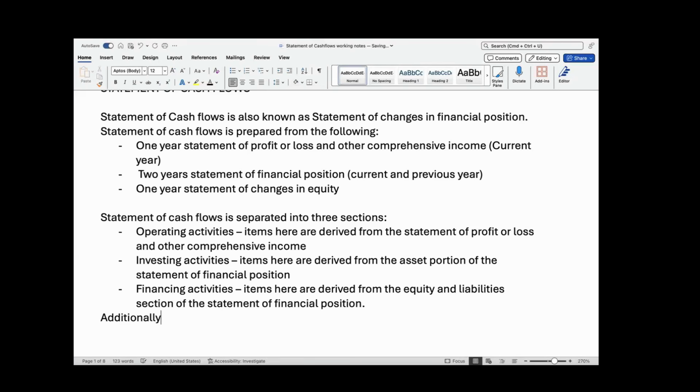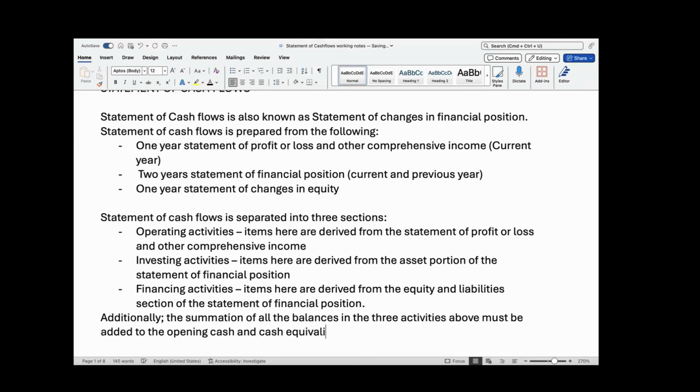Additionally, the summation of all the balances in the three activities above must be added to the opening cash and cash equivalents, and the total must agree with the closing cash and cash equivalents in the statement of financial position.